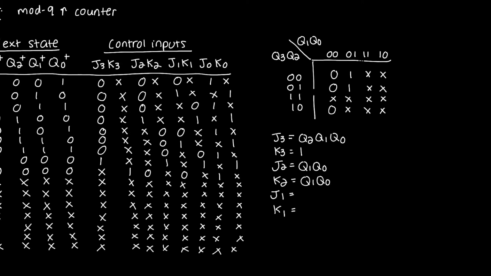How can I simplify this? Selecting this grouping over here would be the simplest, and that gives me an expression for J1 that is simply Q0.